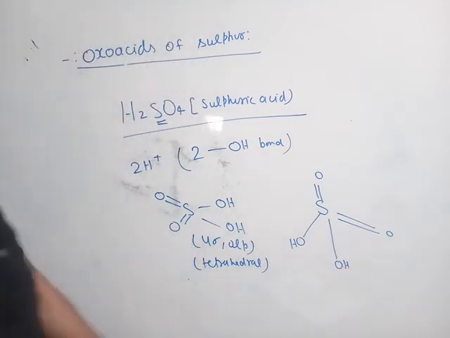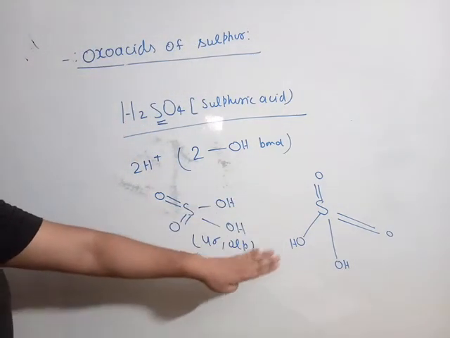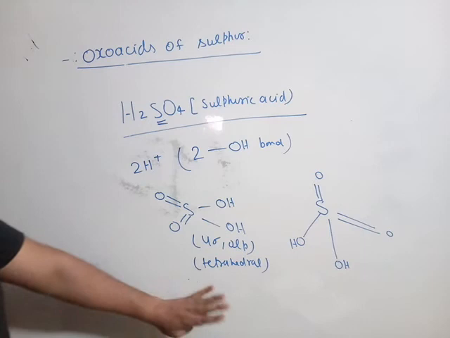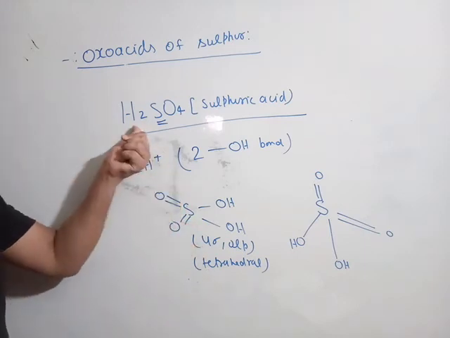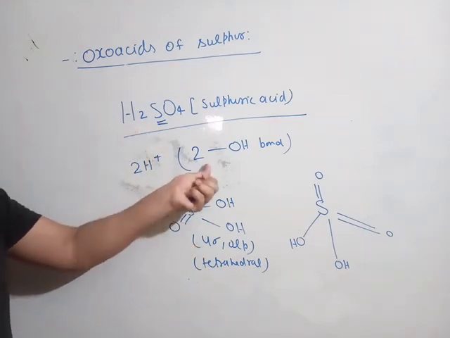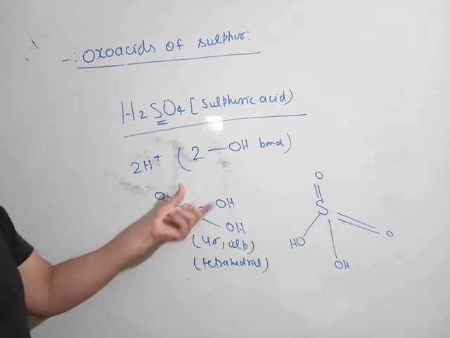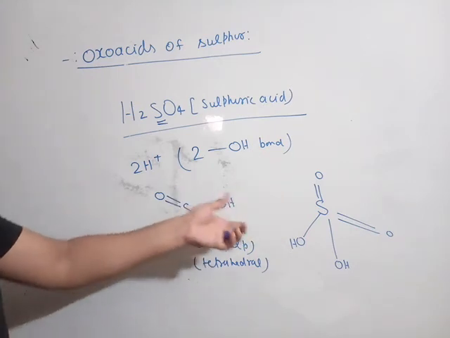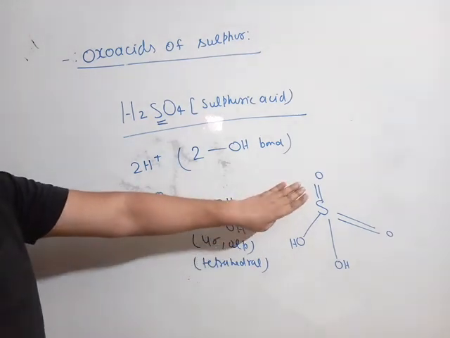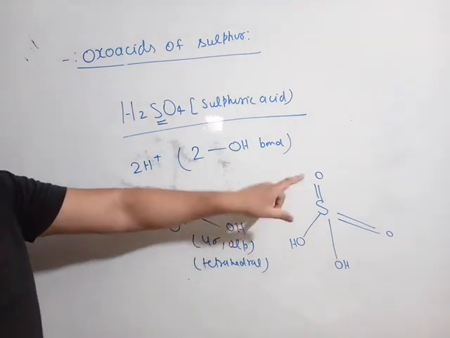All bonds are equivalent, but that will be the shape, tetrahedral in nature. How did we come to know? Because it can donate 2 H plus, so it will have 2 OH bonds. So roughly we have drawn this. You can memorize it, but you can also derive the structure. In exam, you have to just draw this structure.